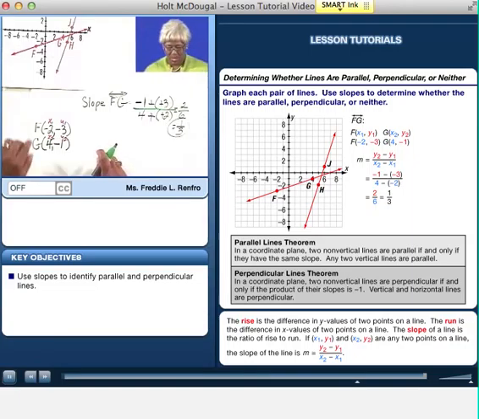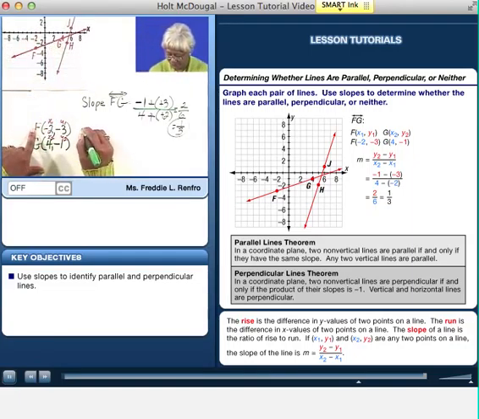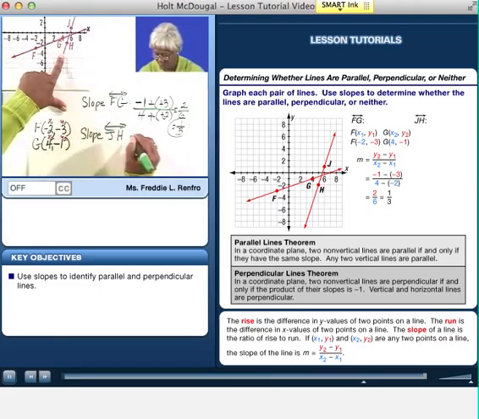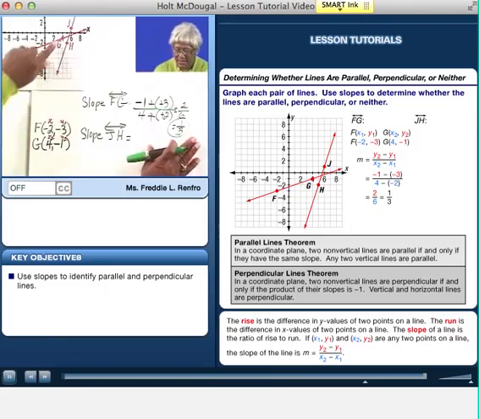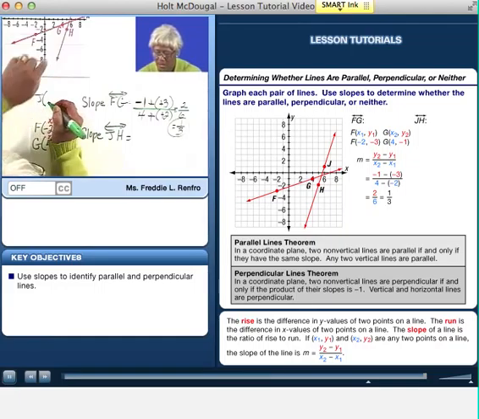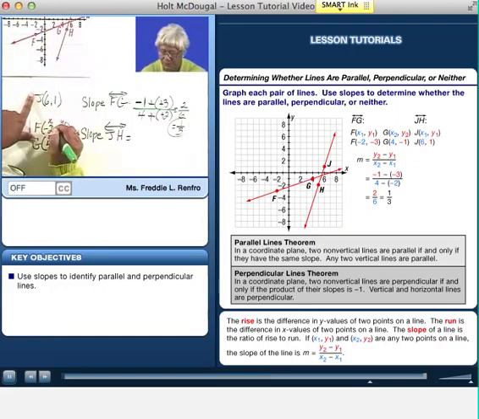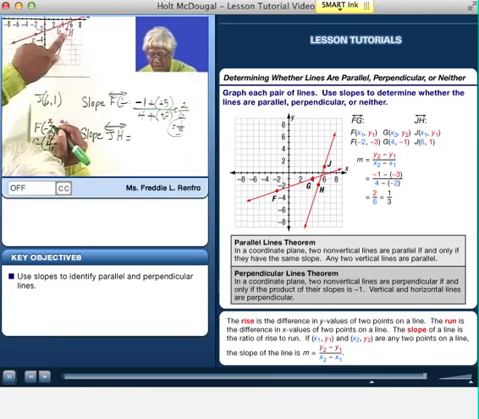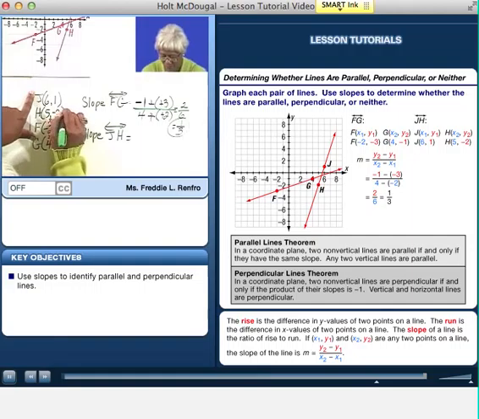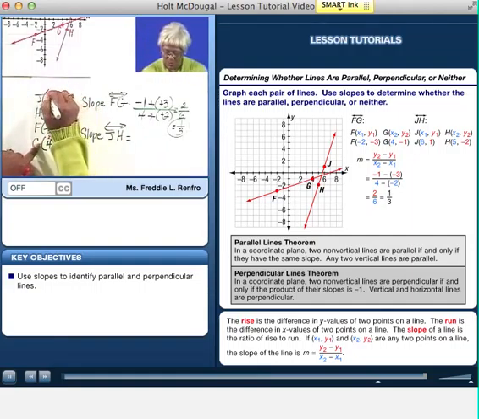Now let's figure out the slope of JH. And the coordinates for point J, 6, 1, and H looks like it's 5, -2. Okay, I'm going to go ahead and call this X1, Y1, X2, Y2.